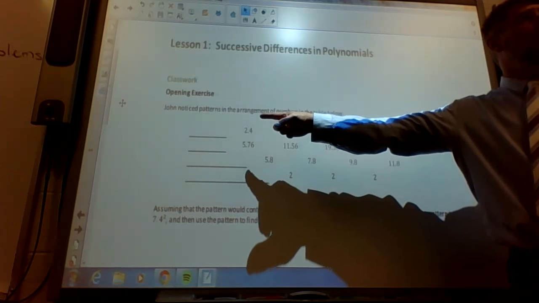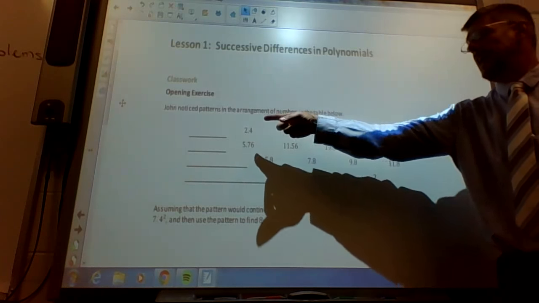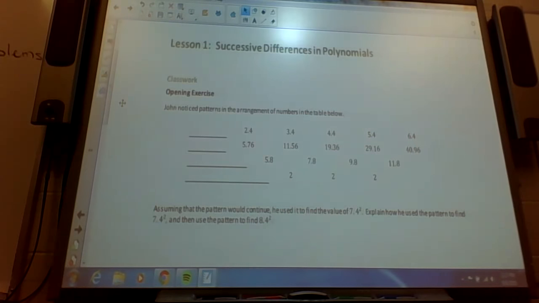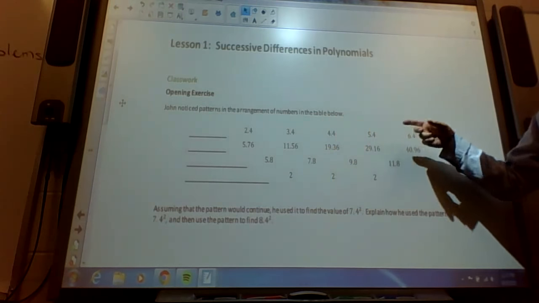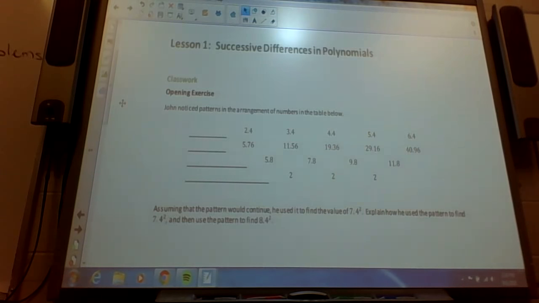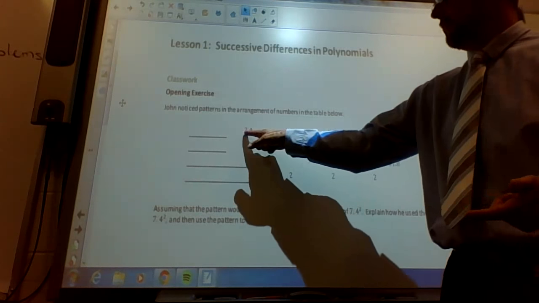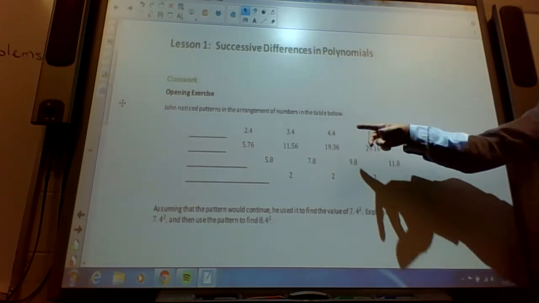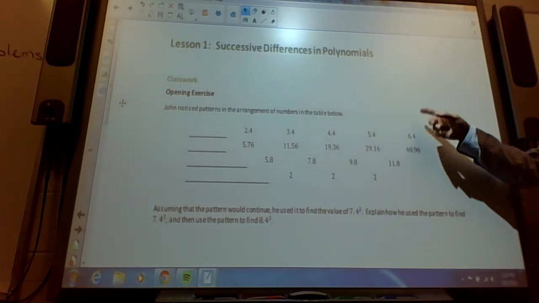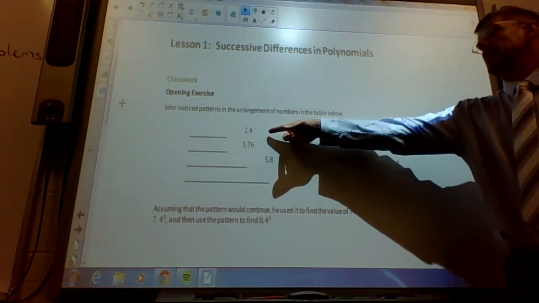Real quick though, what's the common difference? Is there a common difference between these numbers? Is there a consistent difference between this number, this number, this number? Yeah, what is it, Bailey? 1. From here to here, I jump 1.